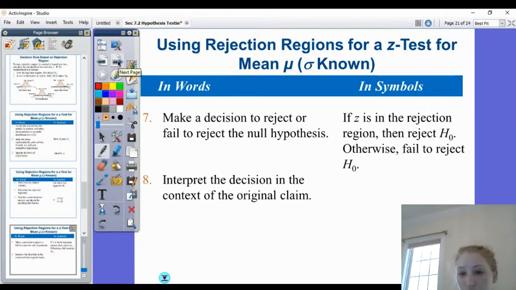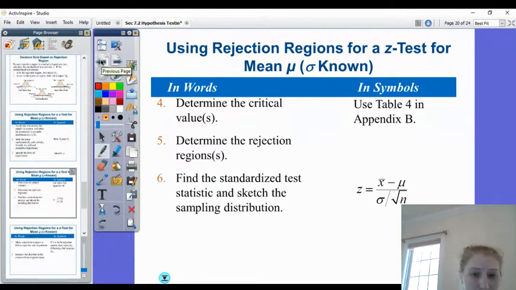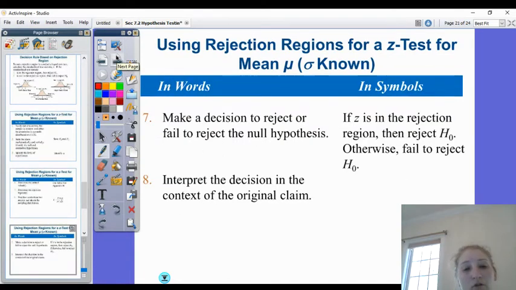You can either use table 4 in the back of the book, or you can use your calculator. Then you're going to determine your rejection region. You're going to find your z-score. And then from there, you're going to make the decision to reject or not reject if the z-score is in the rejection region or not. And then you're going to interpret that decision in context to the original claim.